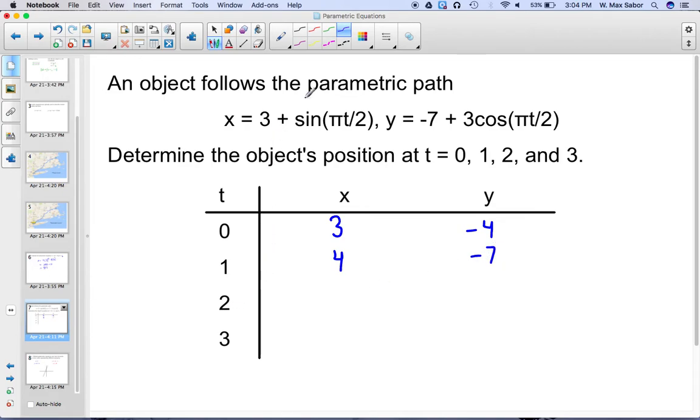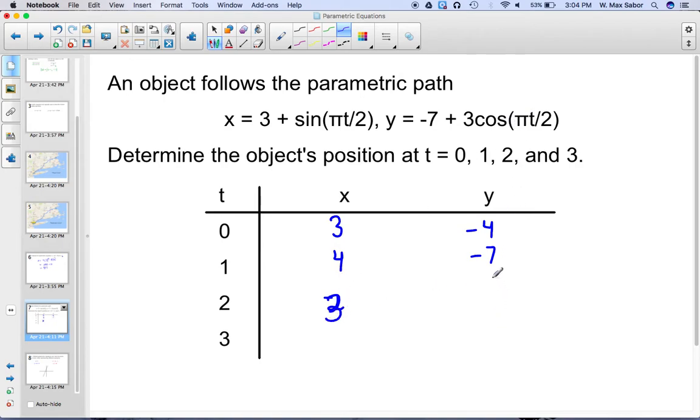Plugging in 2, we get sine of pi, which is 0. So adding that to 3, we get 3.